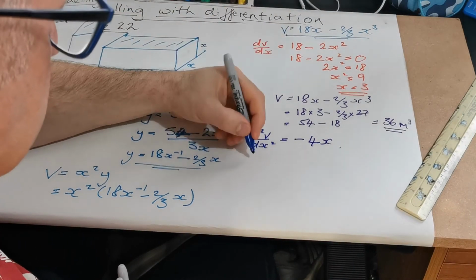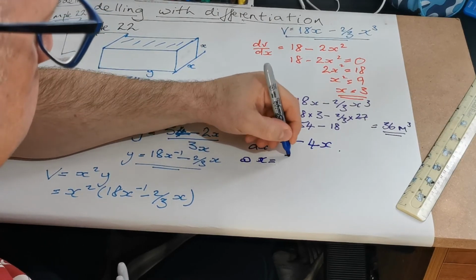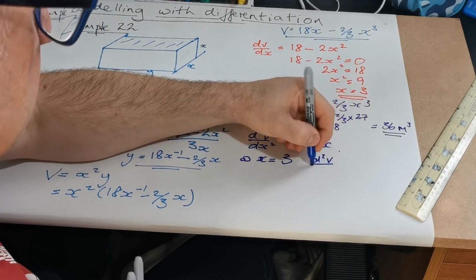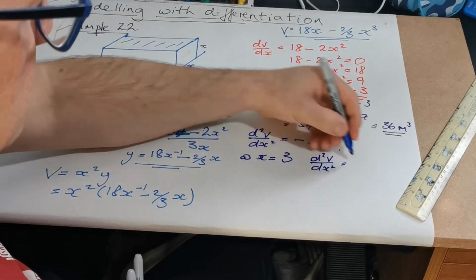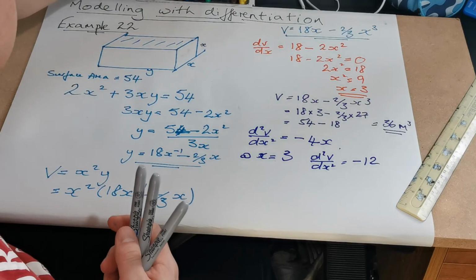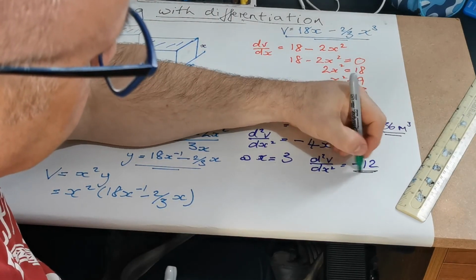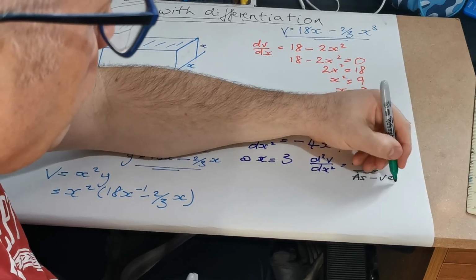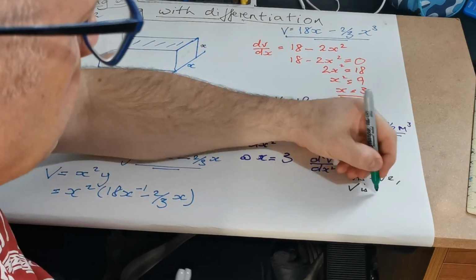I know that x equals 3. d2v by dx squared is equal to minus 4 times 3, which is minus 12. And as that is negative, V is a maximum.